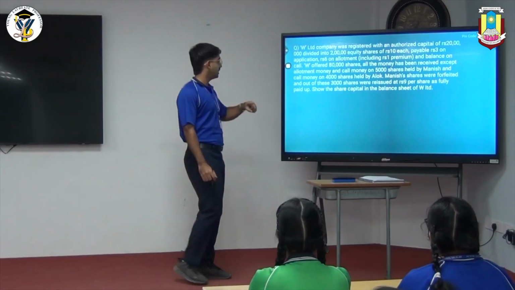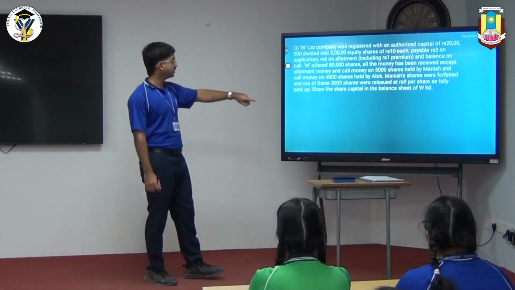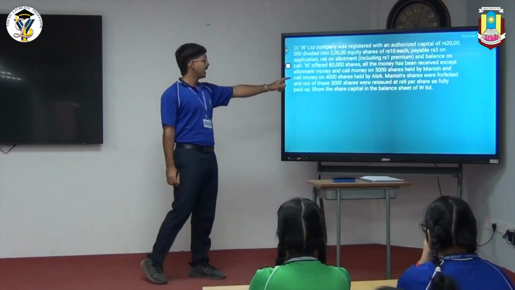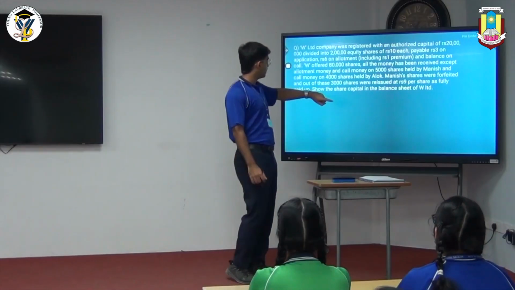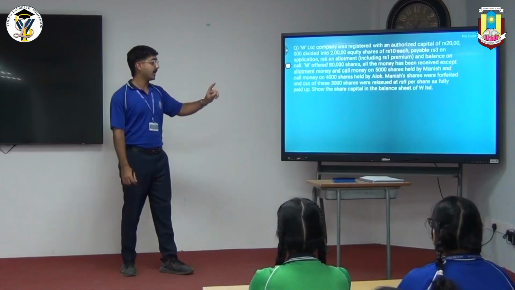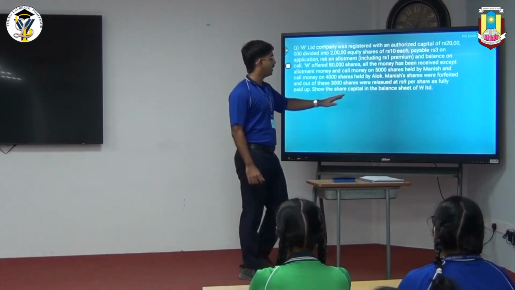All the money has been received except allotment money and call money on 5,000 shares held by Manish, and call money on 4,000 shares held by Alok. Now, Manish's shares were forfeited, and out of these, 3,000 were reissued at rupees 9 as fully paid up.